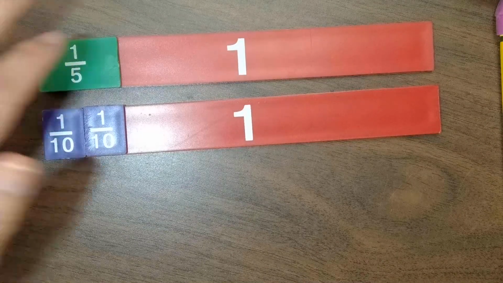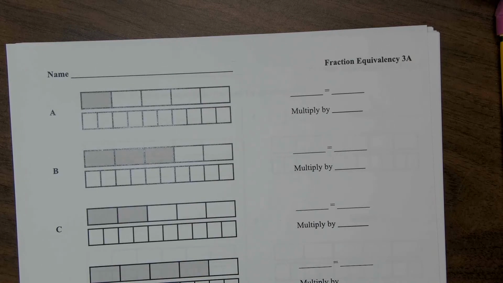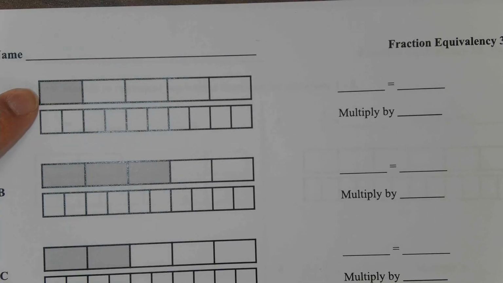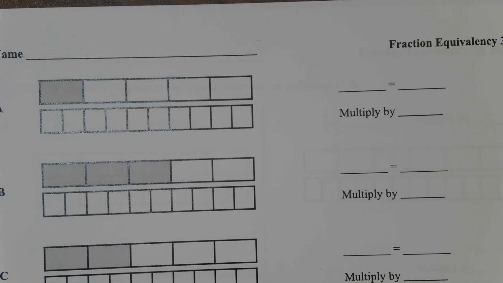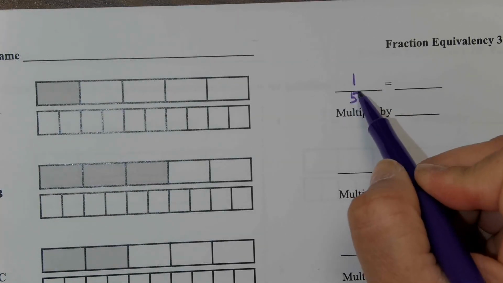So let's find our worksheet. And that's worksheet 3A. And on 3A, we're going to look at the top fraction. On the top fraction bar, what fraction is shaded? 1/5. So we are going to write 1/5.